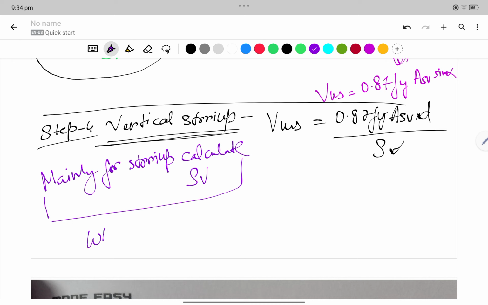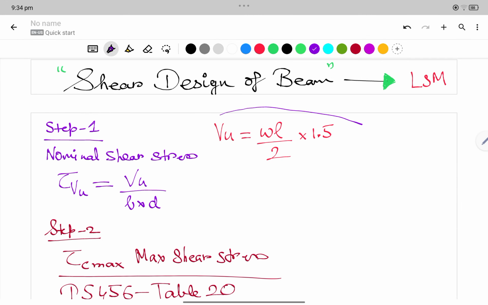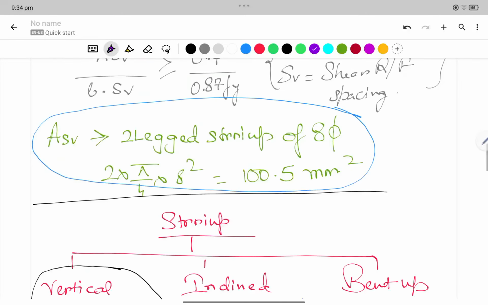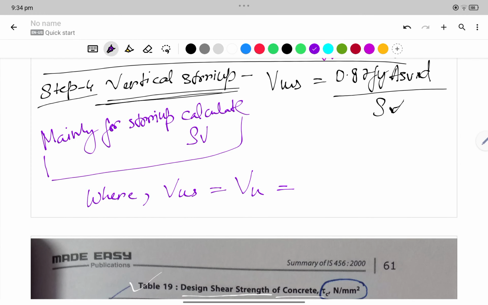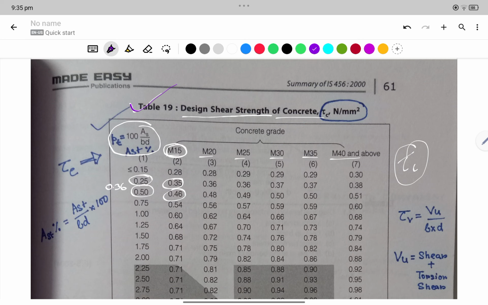VUS will be found out from VU. VU means the factored shear force, which we have calculated here. VUS is VU minus tau C B D. Tau C is the design shear strength of the concrete, and you will get it from Table 19.